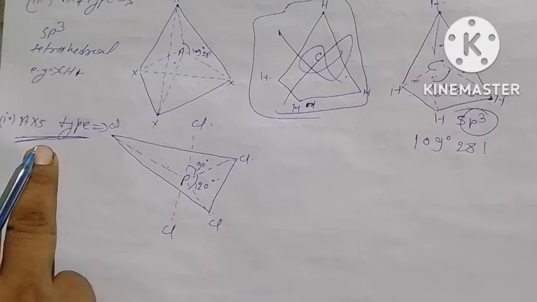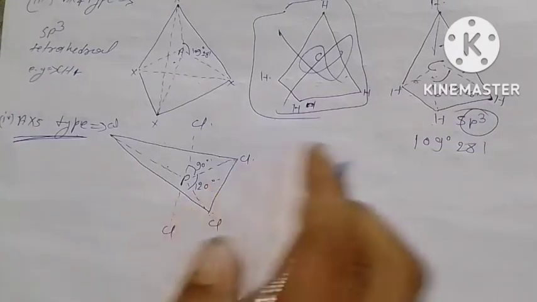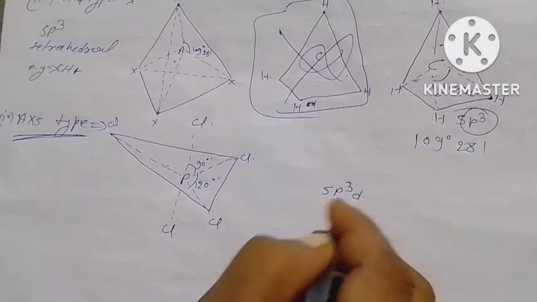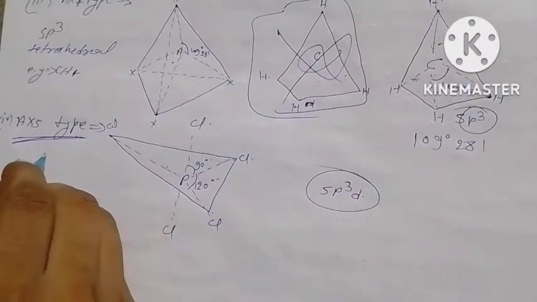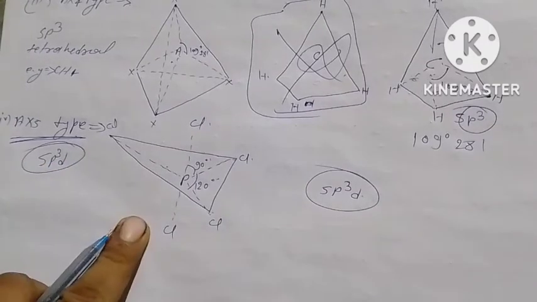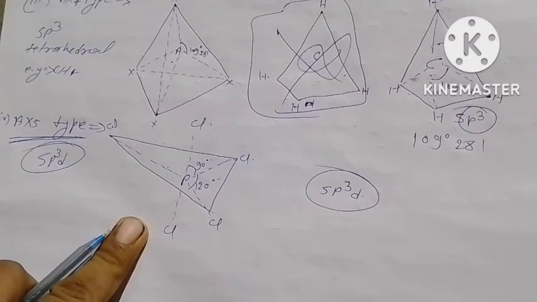In this type of molecule, the central atom has sp3d hybridization.